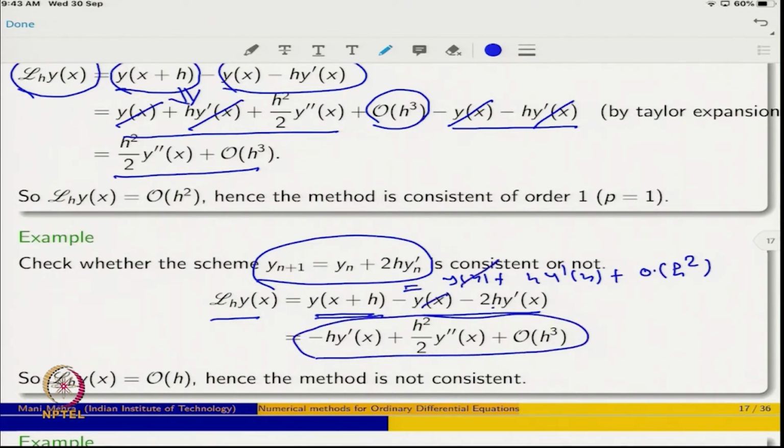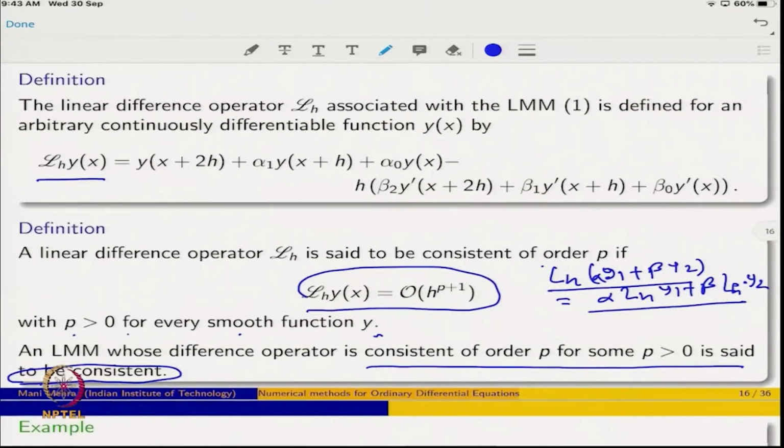So, minus h y dash x will come here, h square and order of h cube. So, L_h y(x) is order of h. So, hence the method is not consistent, because P is not greater than 0, because we have said in the definition that P should be greater than 0.